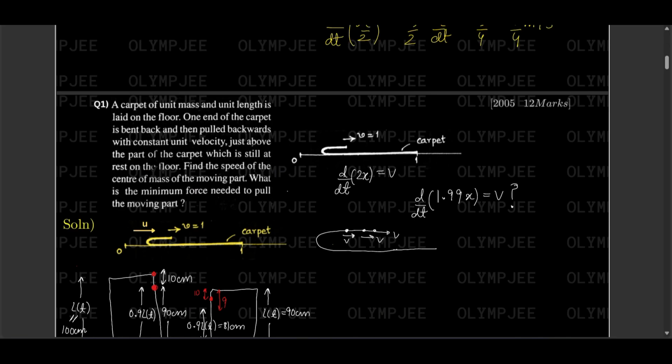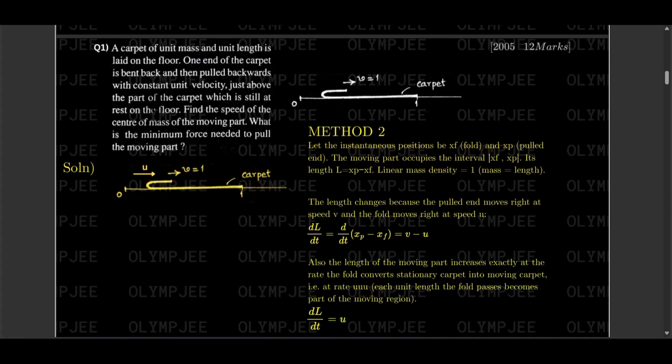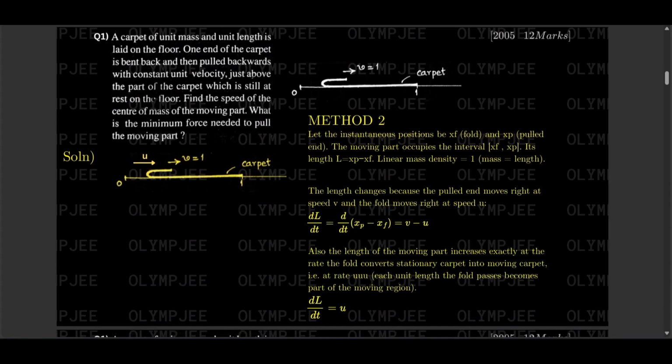So I hope this is clear. I have another method for solving this question. If the instantaneous position of this folded end is xf and the pull end is xp, then the length of this rope would be given as xp minus xf, because this moving part is occupying from xf to xp.